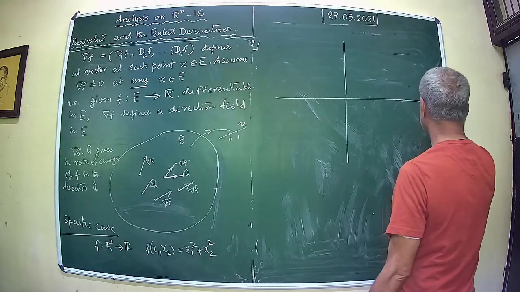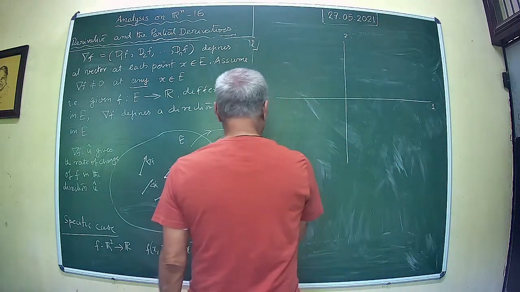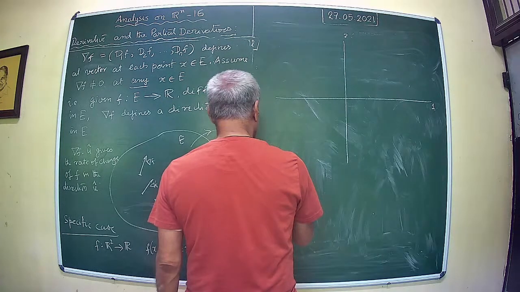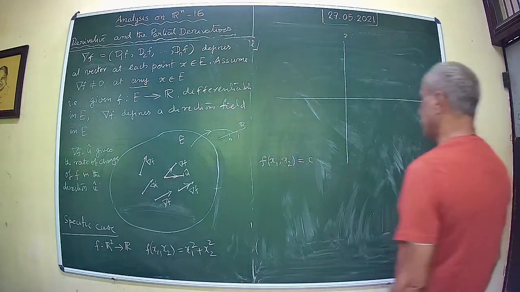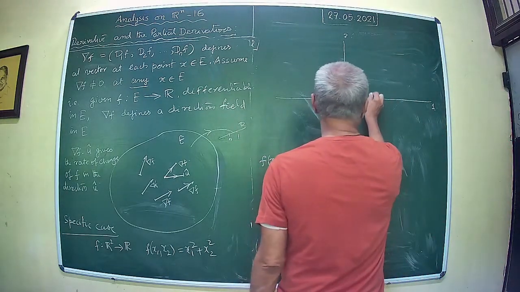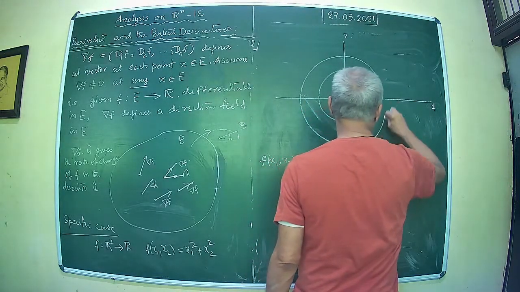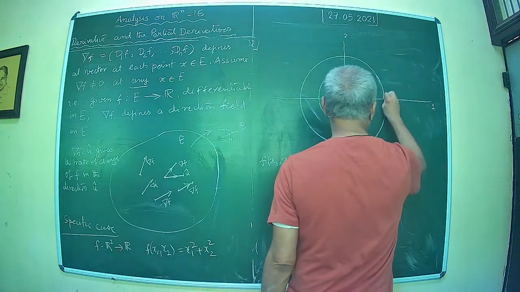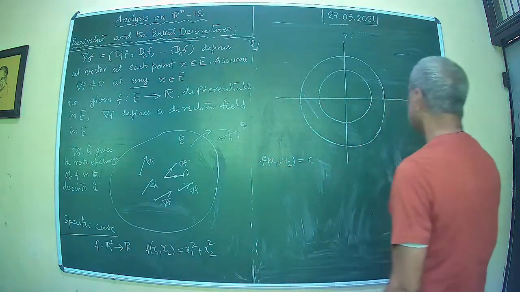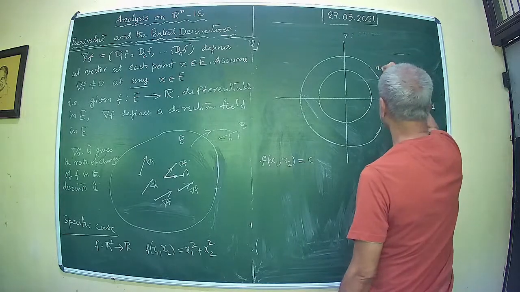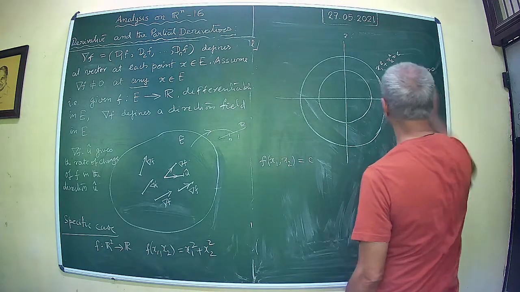So this is the one axis, this is the two axis. Now you see, what we want is to look at these curves f of x1, x2 equal to a constant. Okay, so when C is positive, you see that they are, in this case, concentric circles. So these are x1 square plus x2 square equal to C, where C is some positive number.